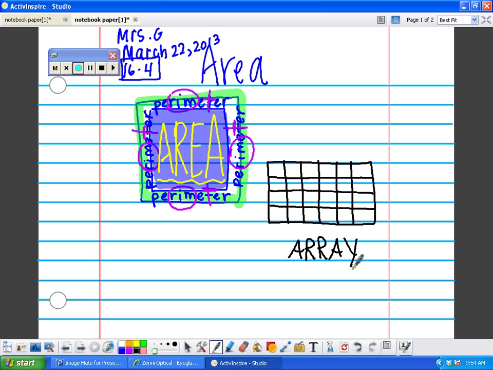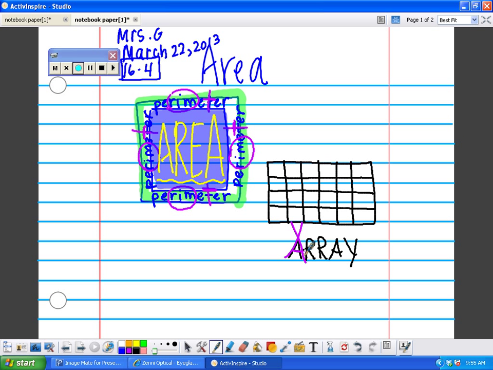When you look at this, what operation do you think of? Multiplication, right? See your A right there? I want you to write your A like this. Why? It's a multiplication sign. And when I think of array, I think of multiplication.